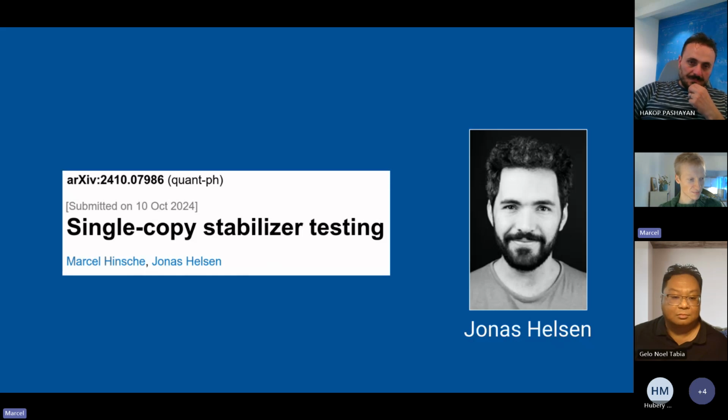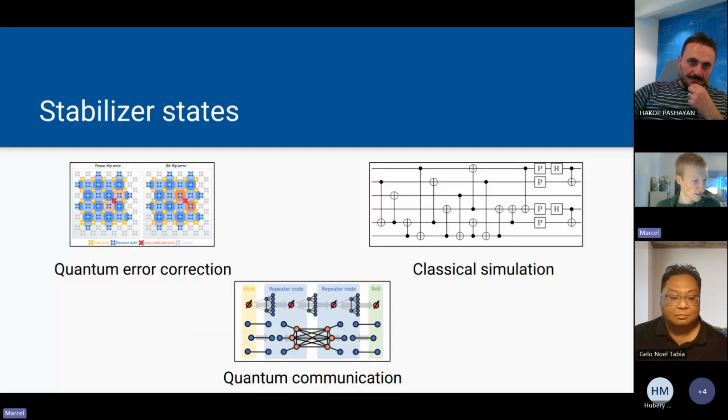So as you might think already, it has to do with stabilizer states. And stabilizer states are a vast class of quantum states that have efficient classical representations. Because of this, they're very useful in all different kinds of areas in quantum information. In particular, they are very crucial for quantum error correction, at least mainstream quantum stabilizer codes.